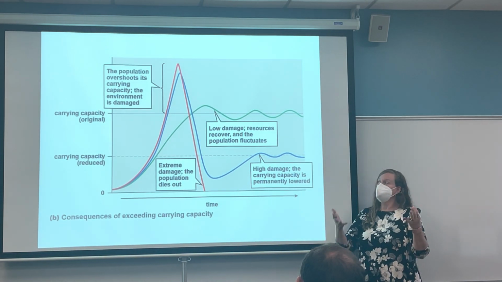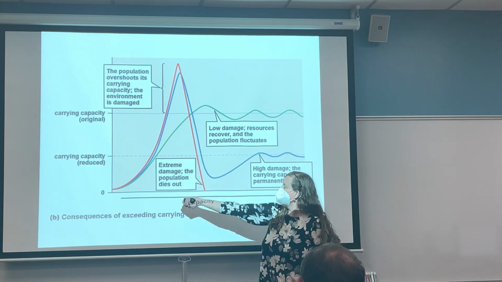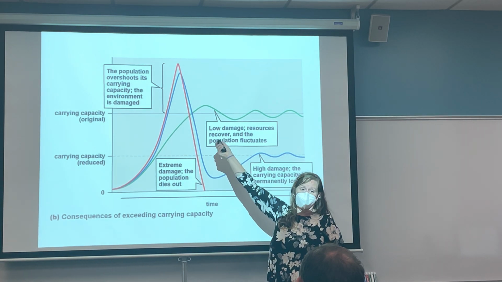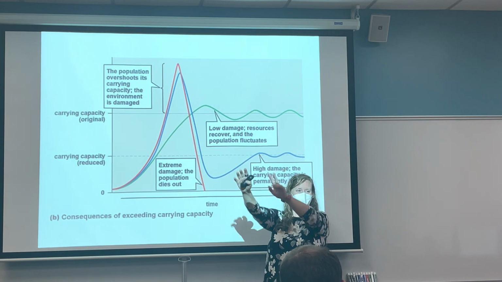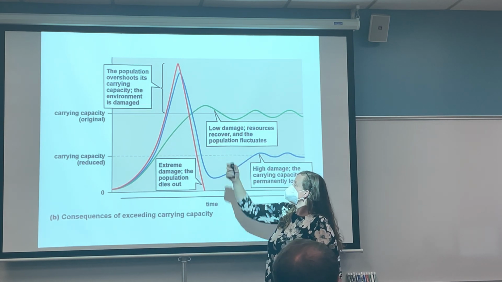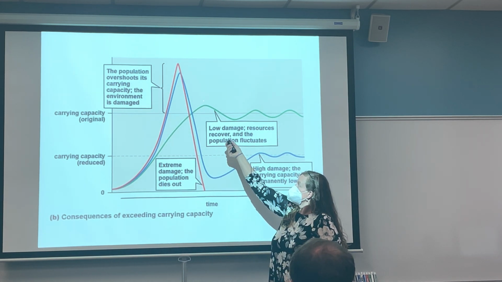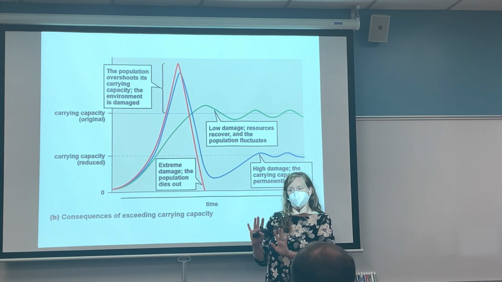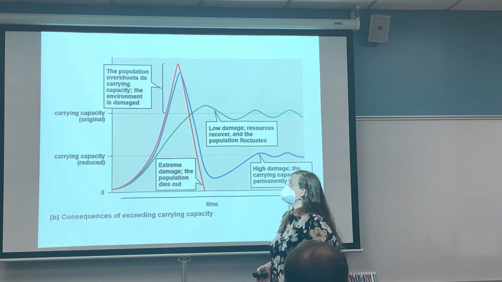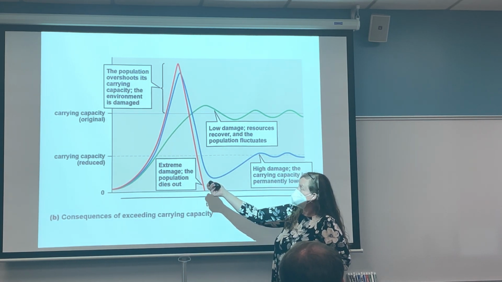So this, right here, the peak, I would call that environmental resistance saying, hey, I'm here. Wherever you see that first peak, environmental resistance is like, I'm going to be here. So it depends on what's happening.